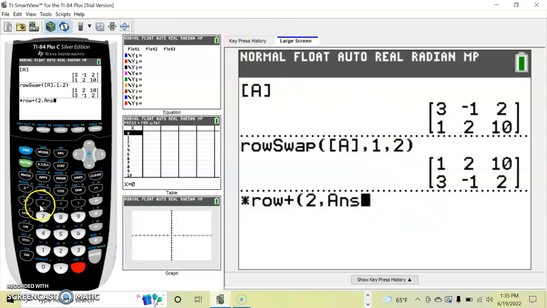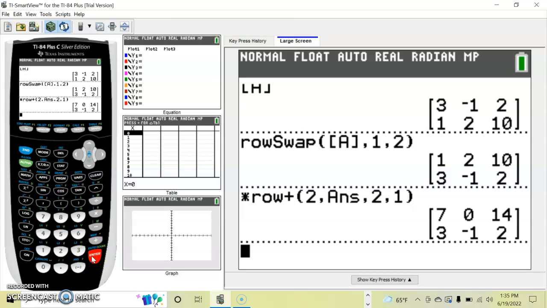Okay, so the number that you're multiplying by, the matrix, which is going to be the last matrix that we edited, and then what row you're multiplying that number by, which is row 2, and then finally the row that you're going to be adding it to, which is row 1. And so you can see it took 2 times row 2 and I added it to row 1. So now I've got a 0 here, but now I lost my 1.